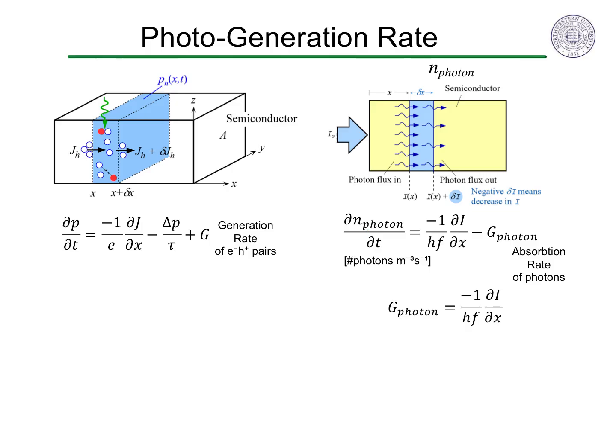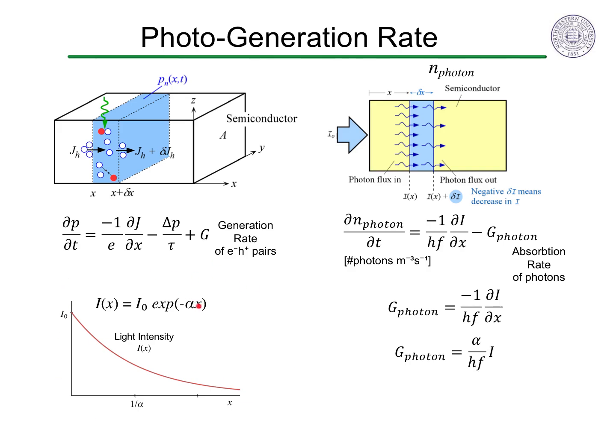From the steady state condition, we can get g photon from the gradient of the light intensity. We know the light intensity decays exponentially with absorption coefficient, so the gradient of I is simply minus alpha times I. Recognizing that the electron-hole pair generation rate should be equal to the photon absorption rate if every photon absorbed creates an electron-hole pair, or at least proportional to it after including a quantum efficiency factor, which describes the fraction of photons absorbed that actually make electron-hole pairs.